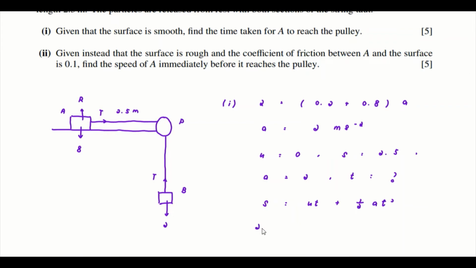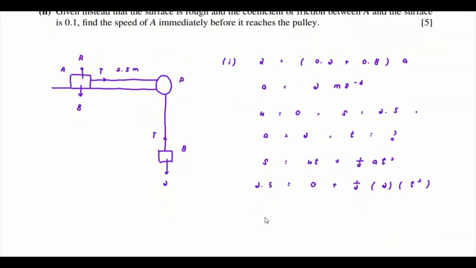Alright, so 2.5 equal to 0 plus 1 over 2, A is 2, and then time T square. So 1 over 2 times 2, so it's just T square equal to 2.5. So from here, we can find our T is square root 10 over 2, which we try to change to 3 SF, then it's 1.58 seconds.